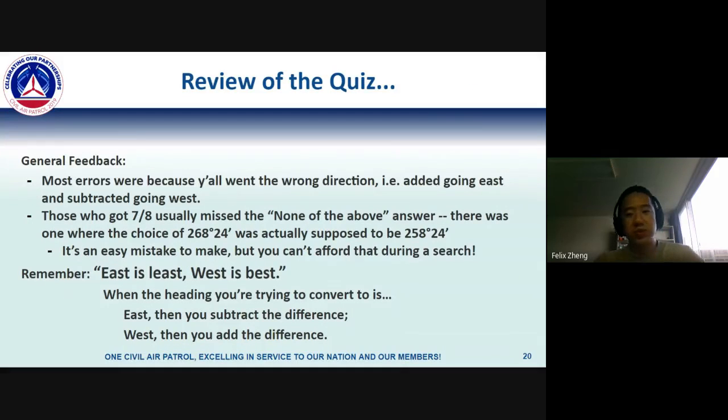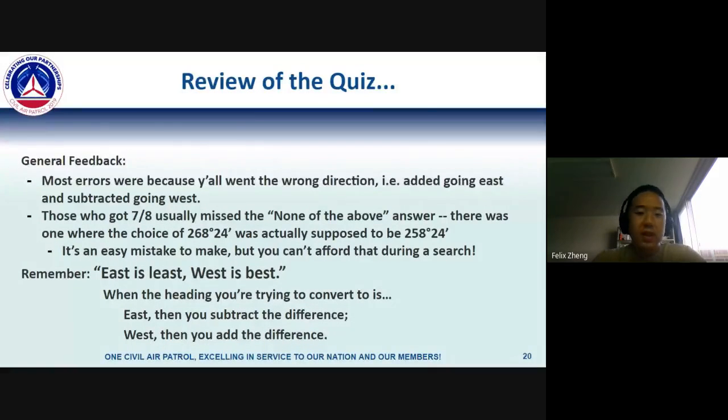So when we had an east magnetic declination, you guys added instead of subtracted. And when we had a west one, you guys subtracted instead of added. A lot of you got 7 out of 8. Some of that was because you missed the none of the above answer choice. We had one choice in there that was 10 degrees off of the actual answer, and some of you missed that. And some of you just selected the wrong answer altogether.